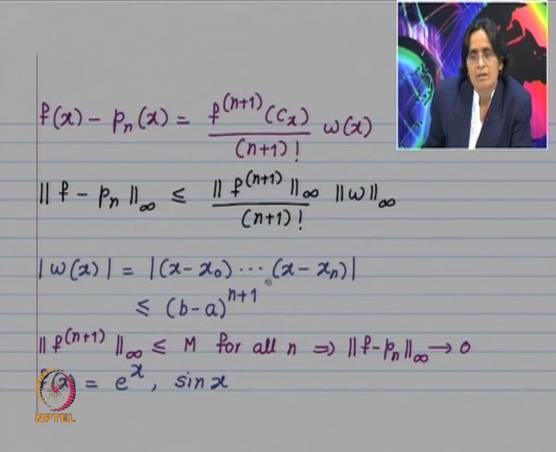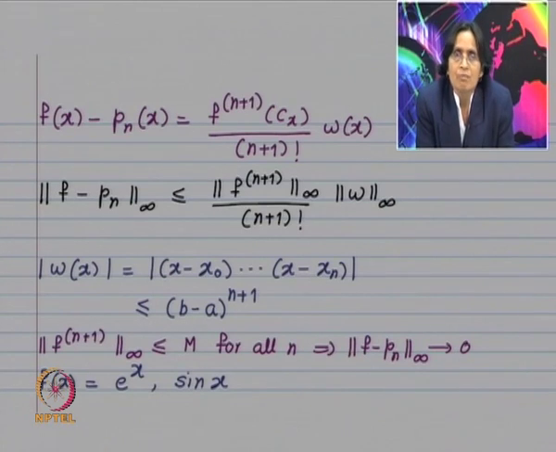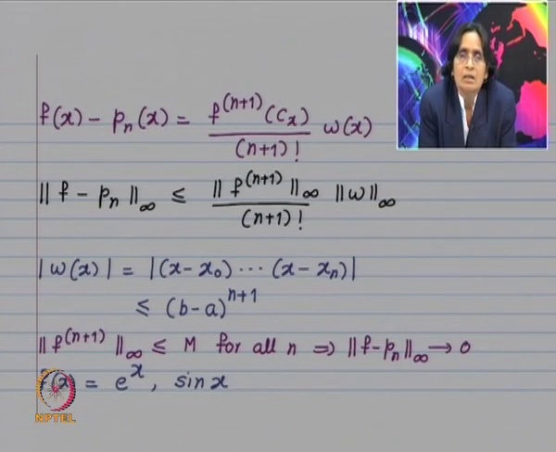And hence, if your function f is infinitely many times differentiable and the derivatives are bounded by a constant, in that case your interpolating polynomials p_n will converge to f in the uniform norm as n tends to infinity.